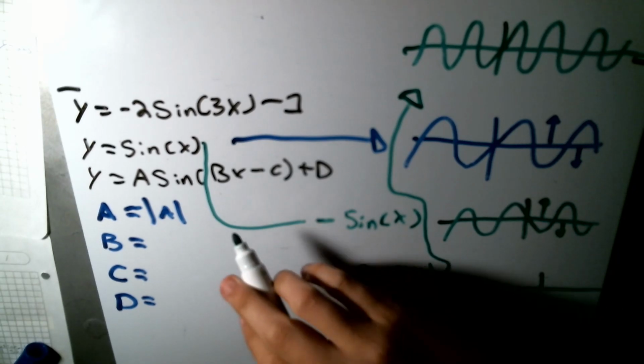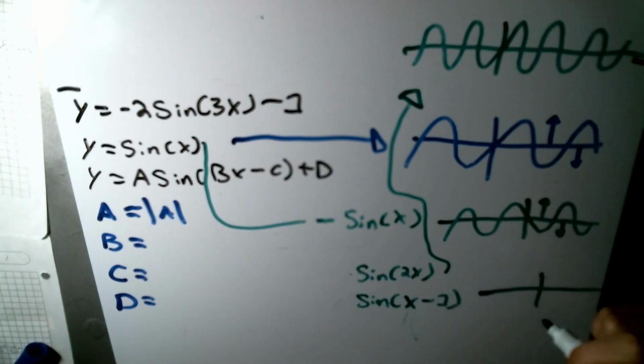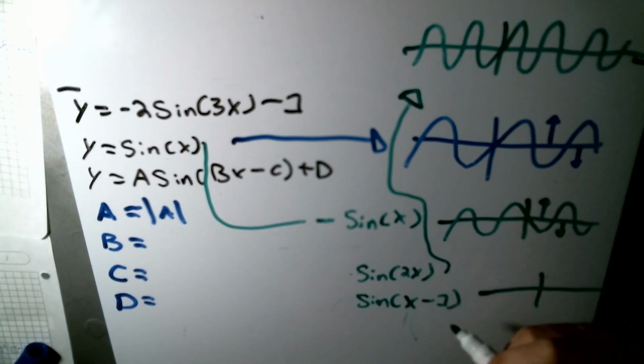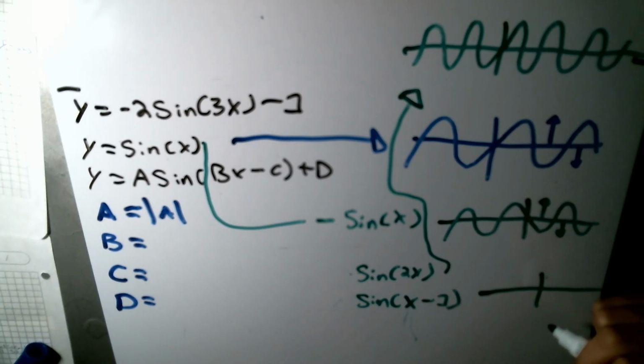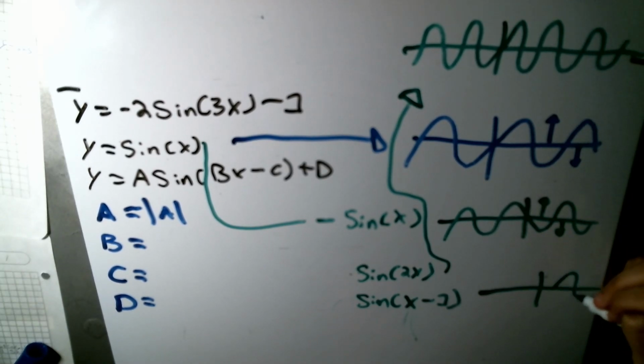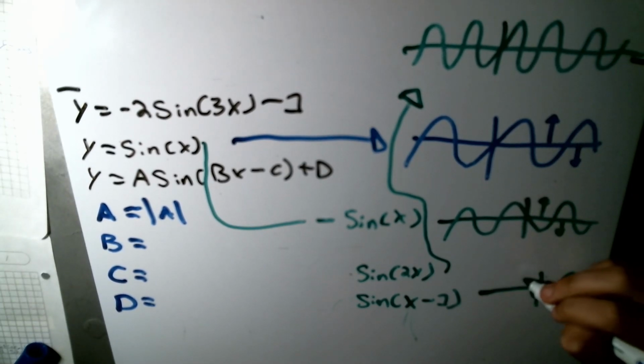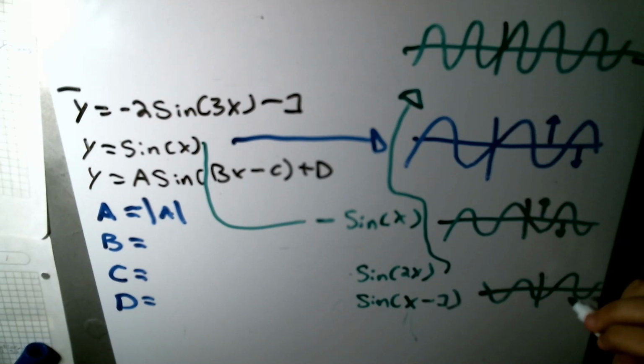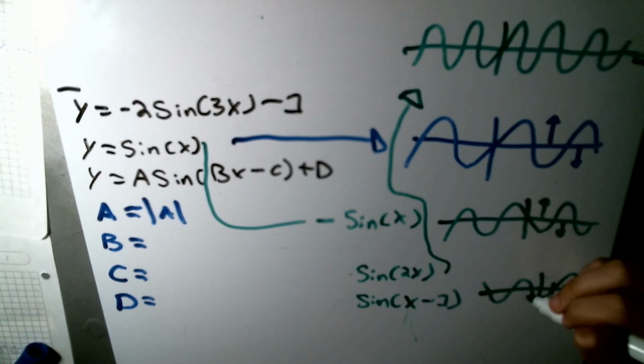It is bx minus c, and because it is minus, this means that it moves to the right. So instead of starting here, let's say this is 1, so it will go like this. I'm going to write a few numbers.